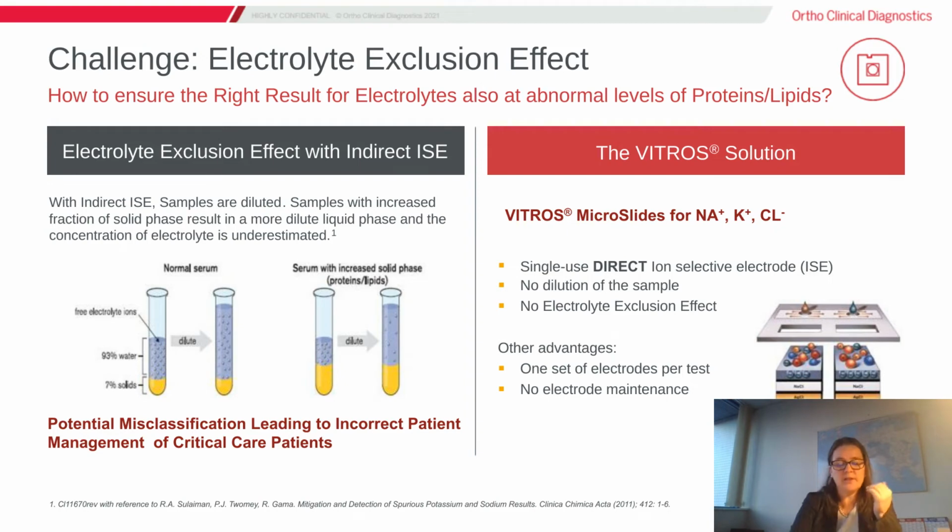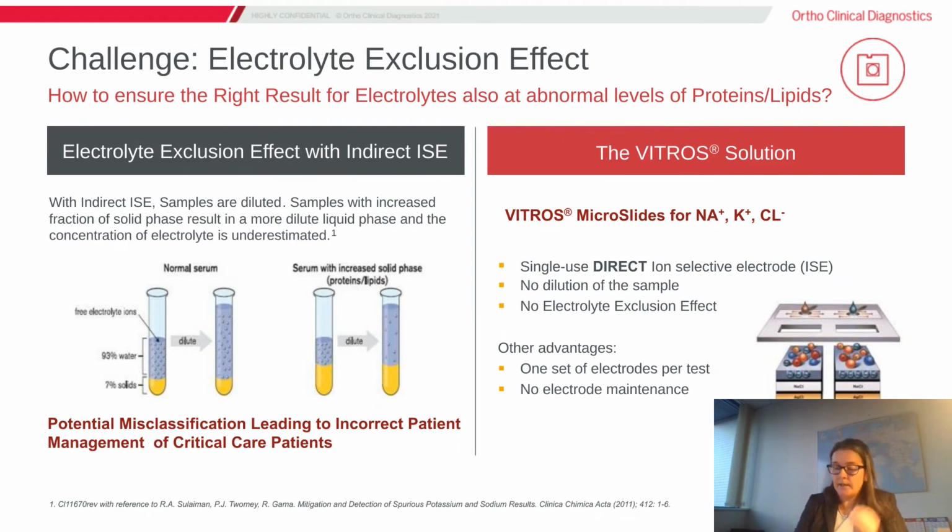But for samples with an increased protein level, like often the case with cancer patients, this results in a more dilute liquid phase, and the concentration of electrolytes can be underestimated. On the other hand, when the protein level is abnormally low, for example, as is often the case with critically ill patients, the electrolyte concentration could be overestimated.